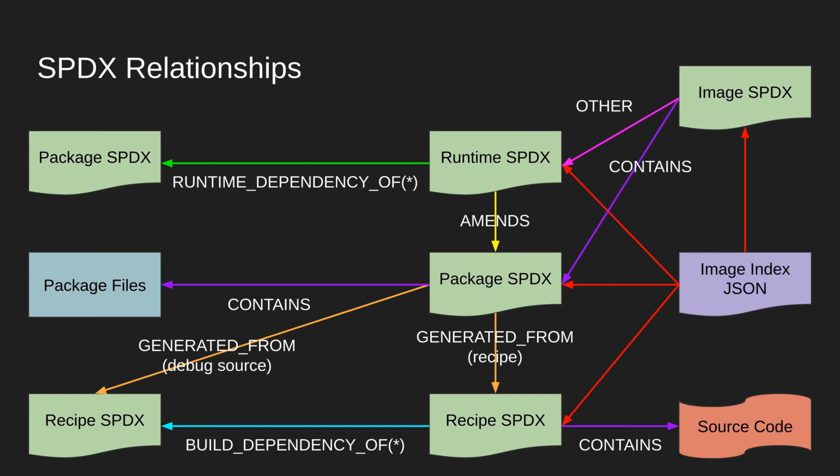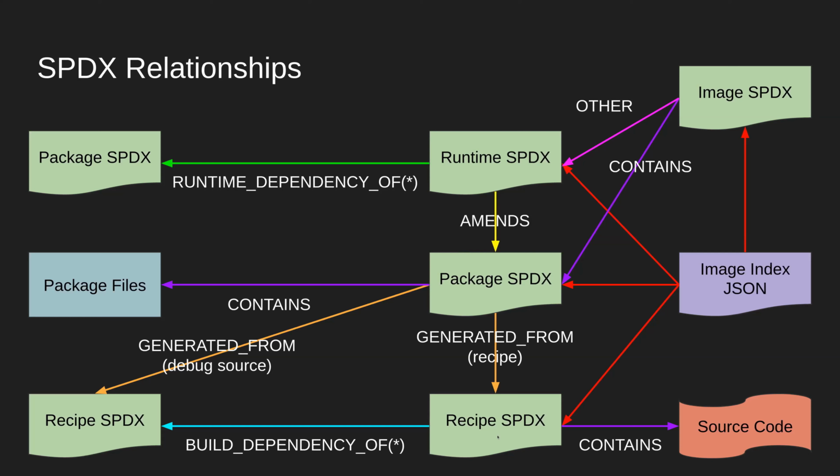One interesting thing I would point out is that it's fairly straightforward, when we produce a binary package that gets installed into a target image, to say that that package was generated from the recipe that produced it. Which allows you then to trace that package back to the source code that produced it, because all that source code is described by the recipe itself.